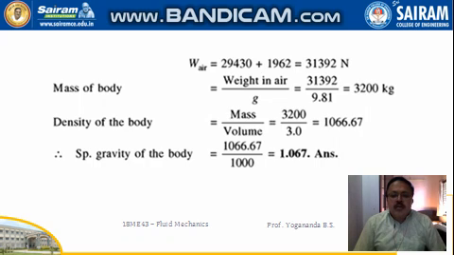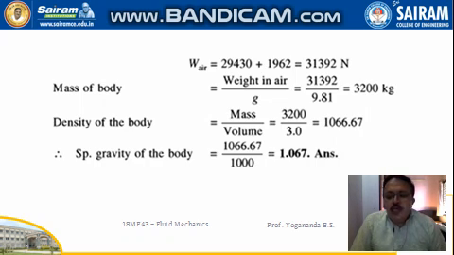Whatever is the nature of the problem given here, the Archimedes principle will be used. When a body is submerged inside the liquid, some amount of water is spilled out of the container. The weight of the liquid which is spilling out of the container is equal to the weight of the body inside the water.